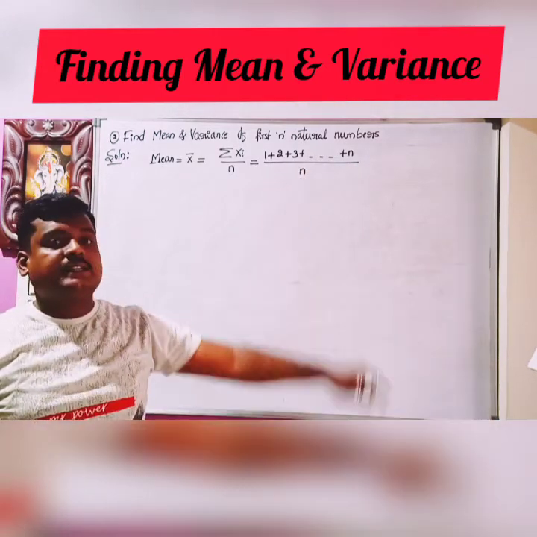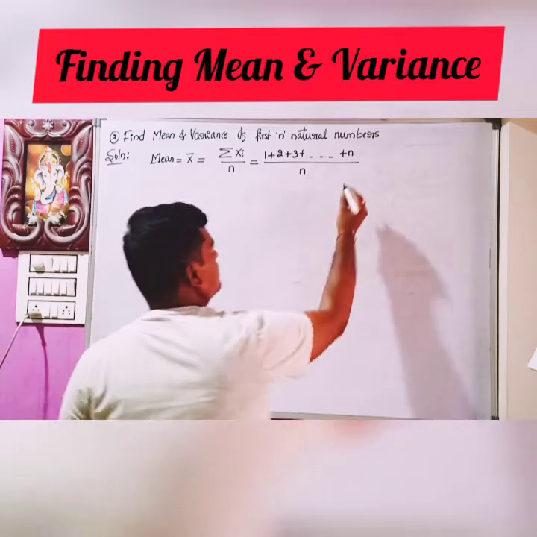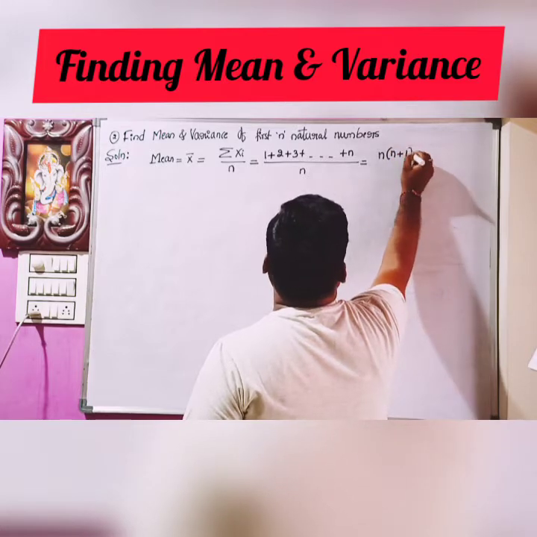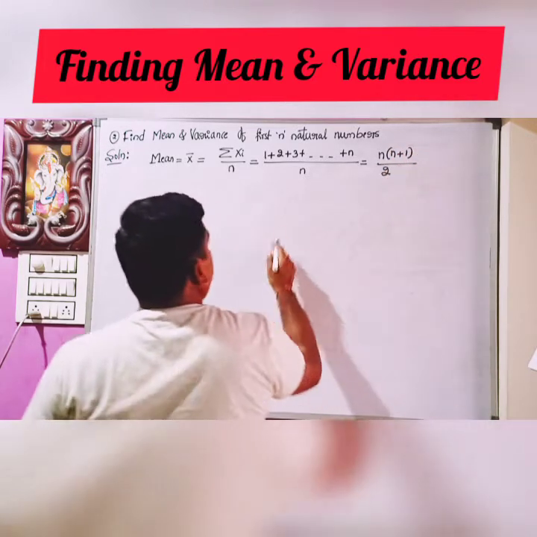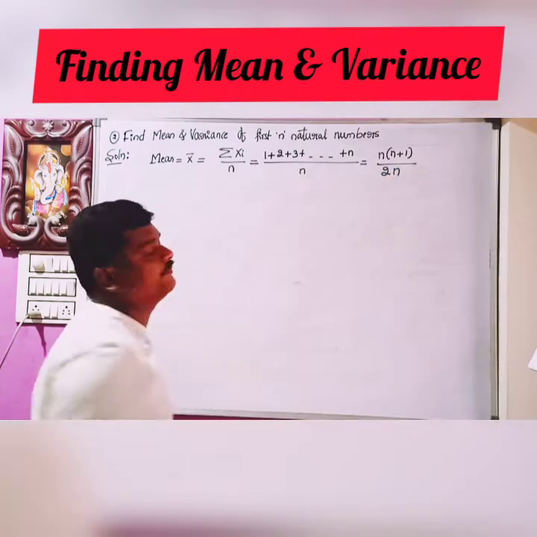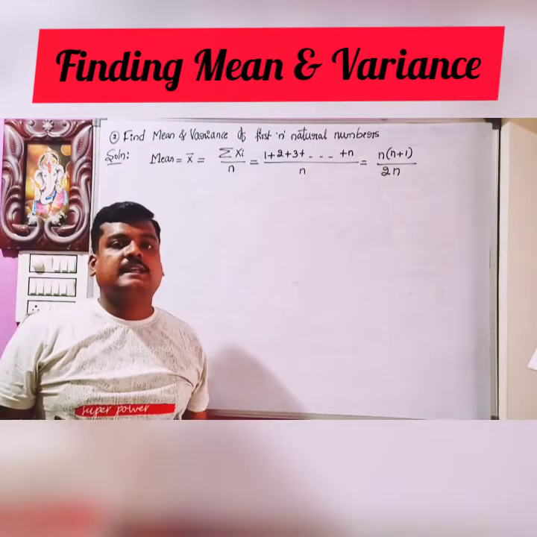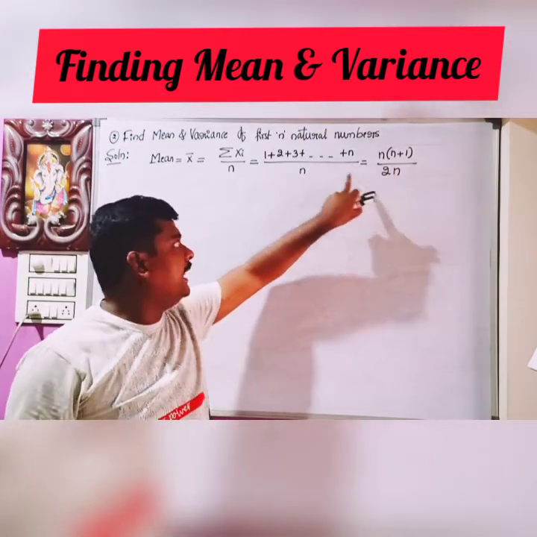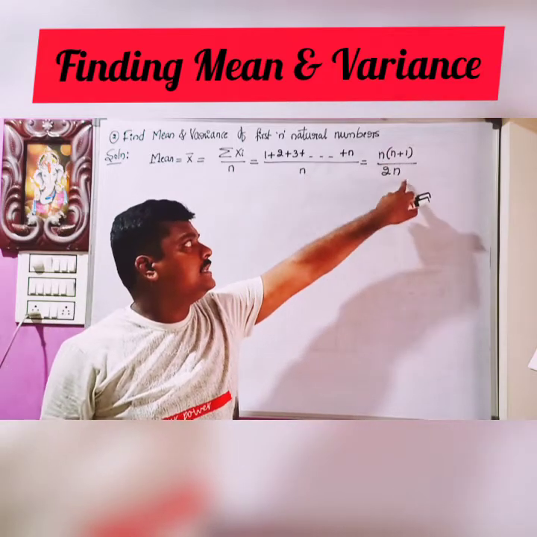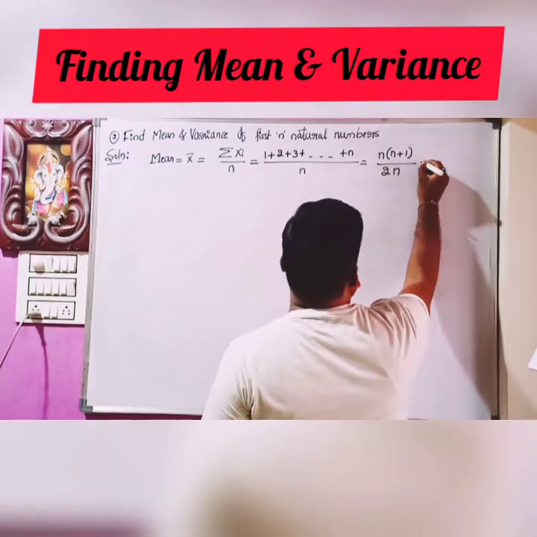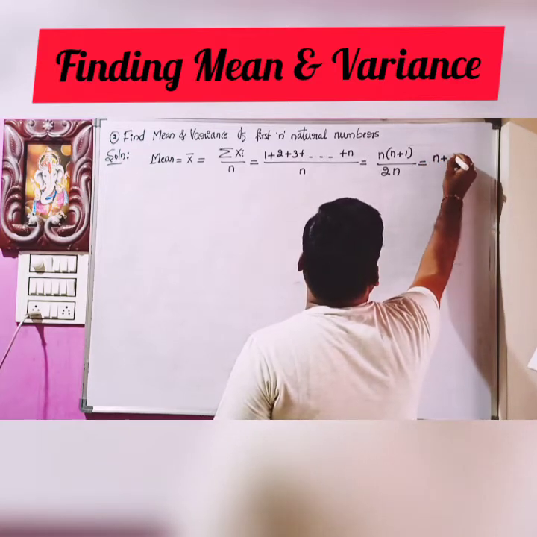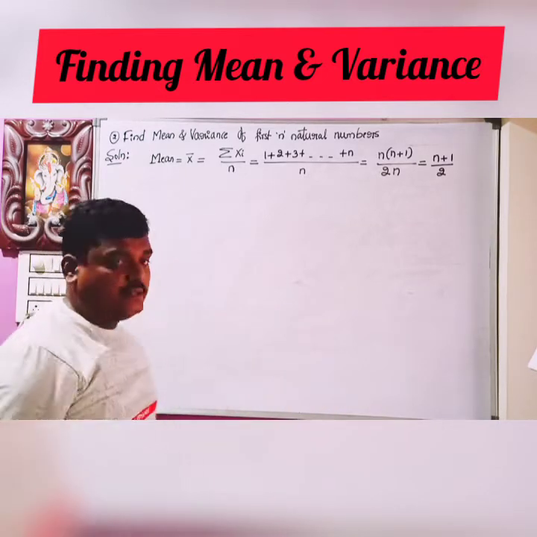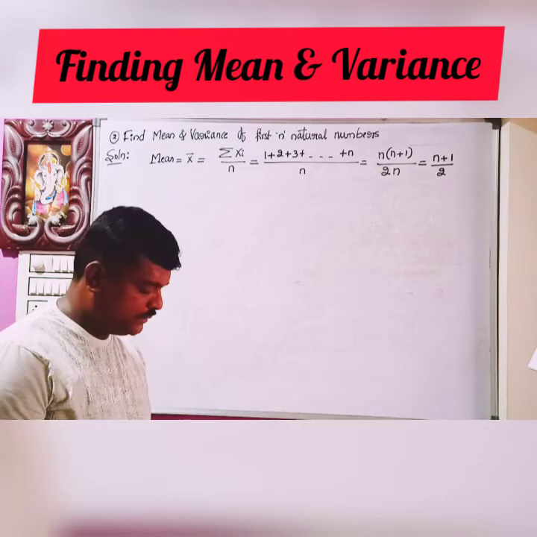We know the formula for the sum of the first n natural numbers is n into n plus 1 divided by 2, and this n stays as it is. Now this n cancels. Then we have obtained the mean as n plus 1 by 2.